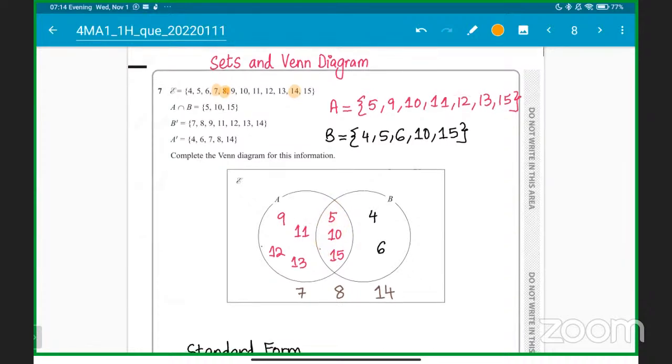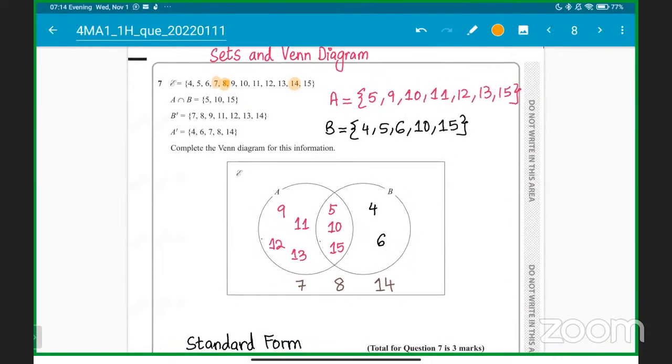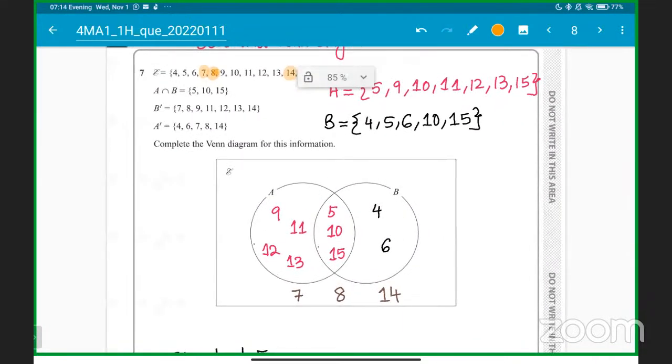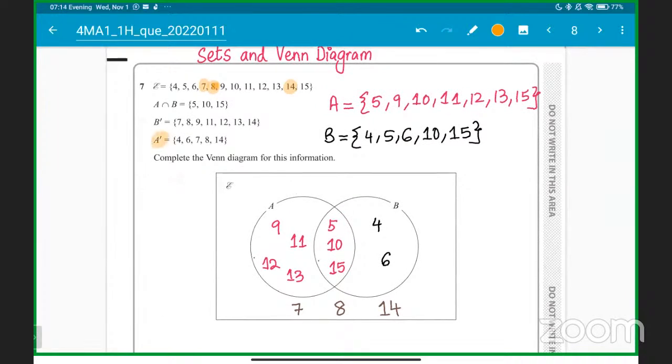But aren't they in A? Shouldn't they be in A? No, which one? 7, 8, 14? No, they are saying that this is A complement. A complement means this is A, and apart from this, whatever it is, is A complement.